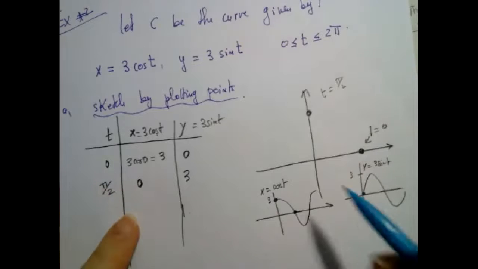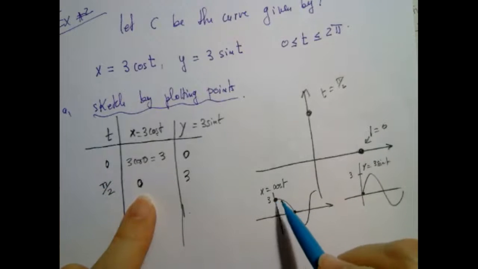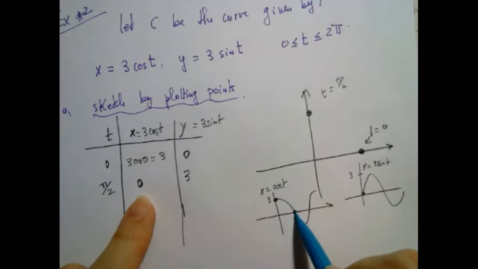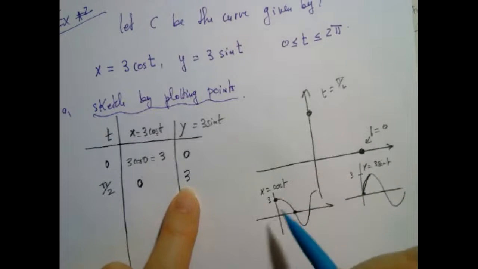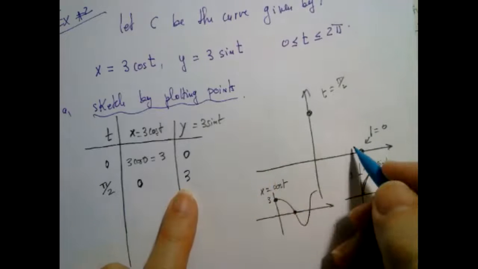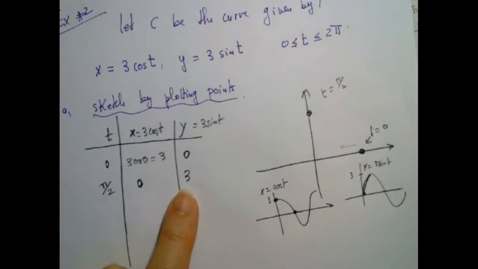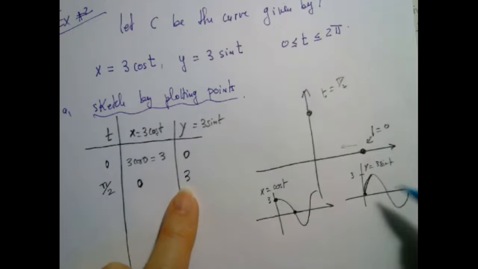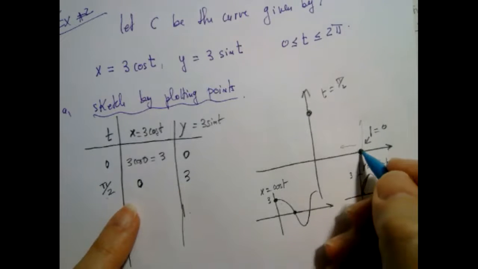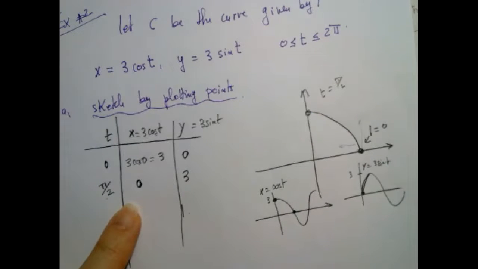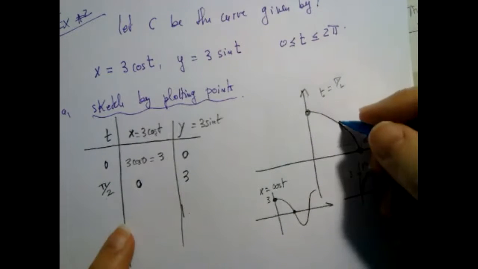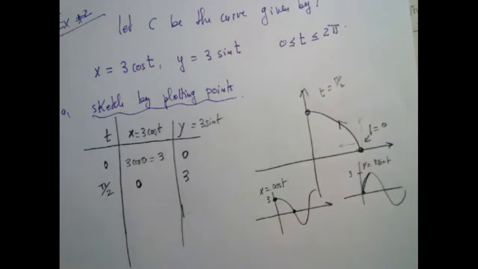As t goes from 0 to pi over 2, x is the cosine, so x is decreasing because the cosine decreases. The sine increases between 0 and pi over 2. It means the x coordinate decreases between 0 and pi over 2, so we're going to the left. The y coordinate increases, so we are going up. So between 0 and pi over 2, x decreases, y increases. We're going to go all the way like that. So now I am sure that this is the motion, because I'm also analyzing the behavior.